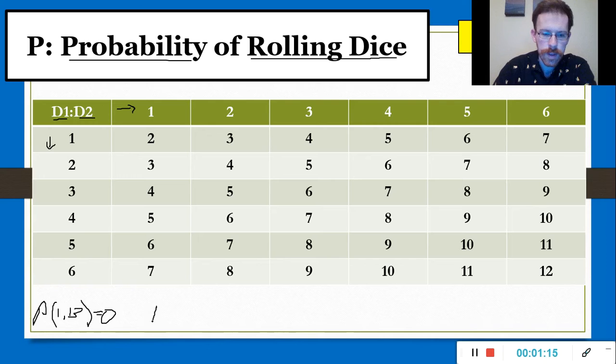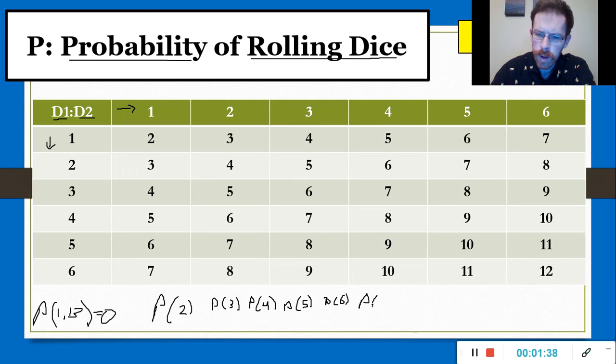Now, if we quickly put the probabilities up here: probability of 2, 3, 4, probability of 5. Maybe I should have done this part ahead of time also. Probability of 6, probability of 7, probability of 8, because each one of these has individual probabilities.